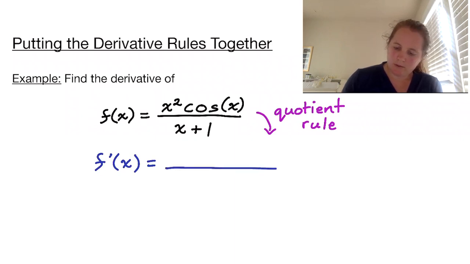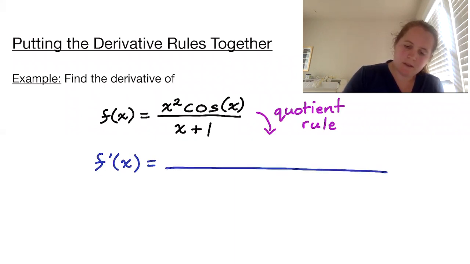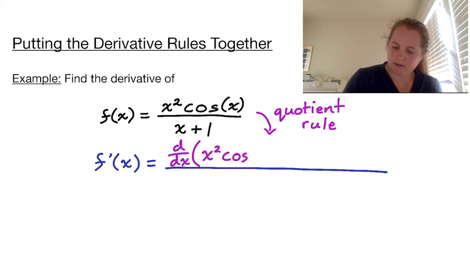What the quotient rule says we should do is take the derivative of the first, the derivative of x squared cosine of x, times the bottom, so times x plus 1.